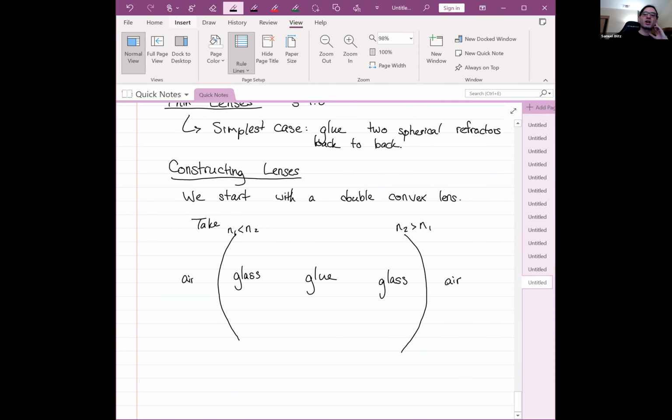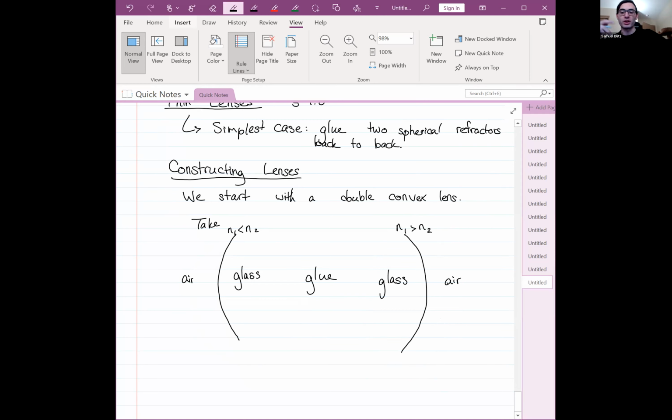So this is a double convex lens, even though you might see this as concave. This one's certainly convex, but you might see this as concave. It's called double convex because of reasons, basically. Sorry, I should make this n1 greater than n2. n1 is always on the left, n2 is always on the right.